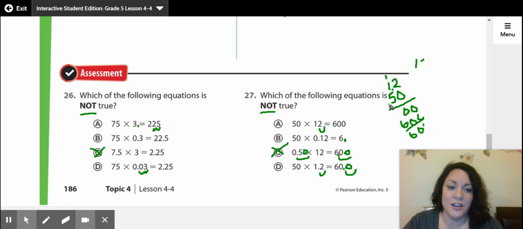What you're going to find out later is if I put a decimal times a decimal, then I'm going to add them all up. There's 1, 2, 3 numbers on the right side. So then in my answer, I would have to make sure there's 3 numbers on the right side. But we'll talk about that next time.